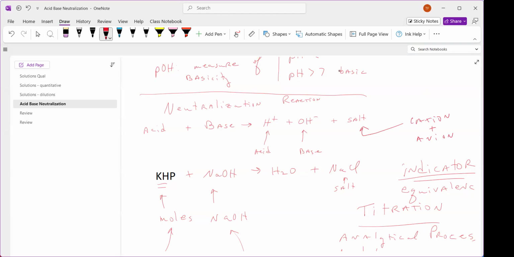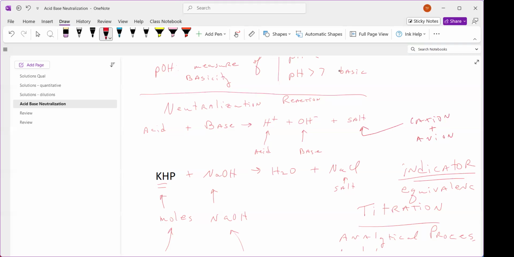So in lab, we're using an acidic compound called potassium hydrogen phthalate, KHP. That's a solid acid, weak acid too, by the way. And we're merging that with sodium hydroxide.